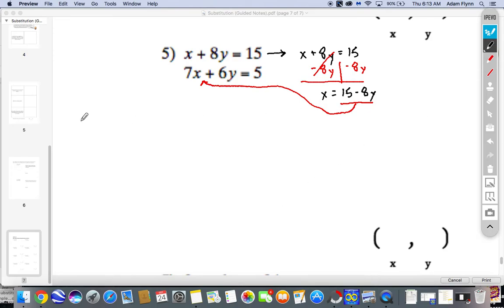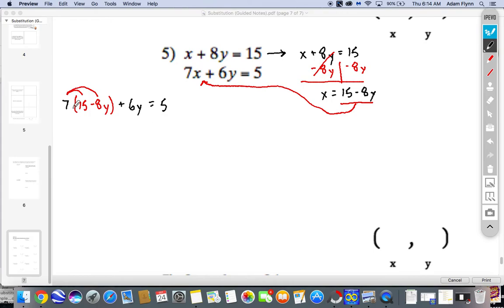So if I rewrite my bottom equation now, I've got 7, but instead of x, it's being replaced by 15 minus 8y. Substitute that in. Plus 6y equals 5. To get rid of the parentheses, I will distribute.